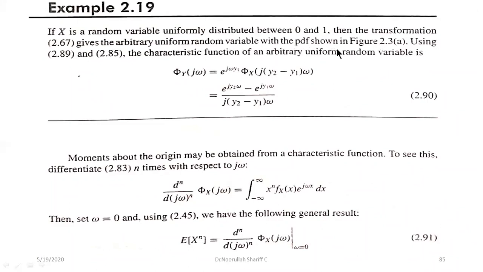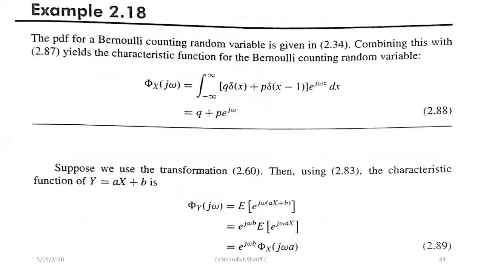Using that, we can write the characteristic function of the arbitrary random variable. Let us try to see what that 2.67 is.